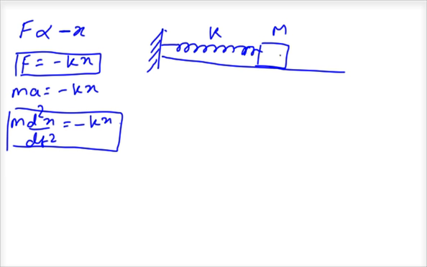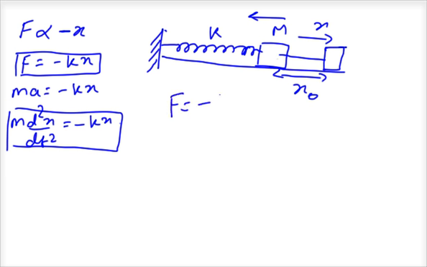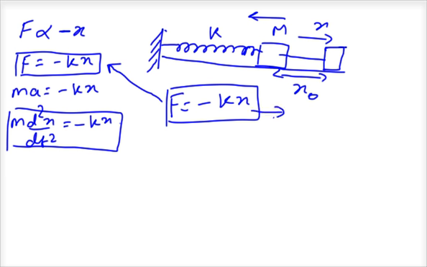If I stretch the spring by some distance x naught, when displacement is in this direction, the spring pulls it in this direction, that is, it is pulling the mass towards its mean position. So I can call this a restoring force. I can say that F is equal to minus kx. So now this is a situation of this kind, and I can say that the motion of the body is simple harmonic.